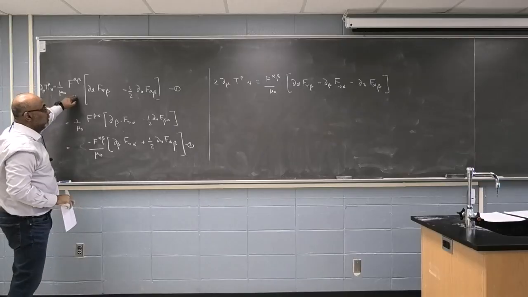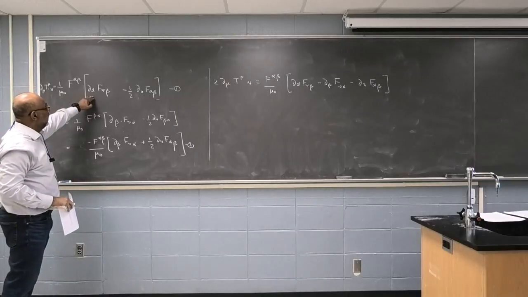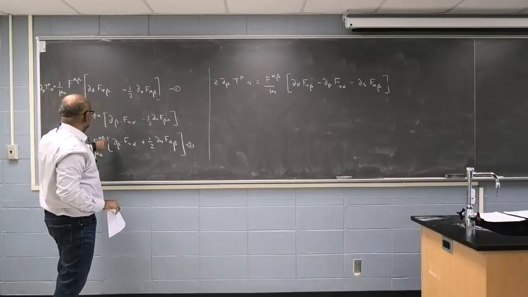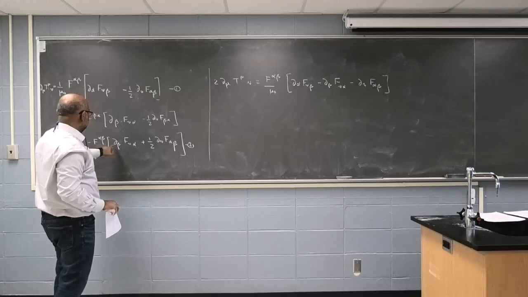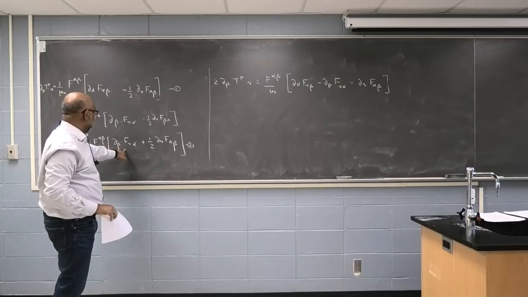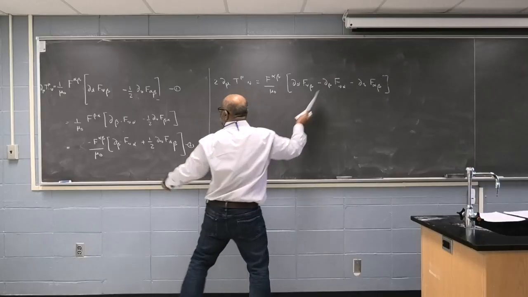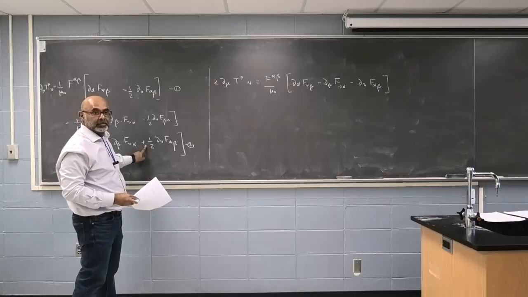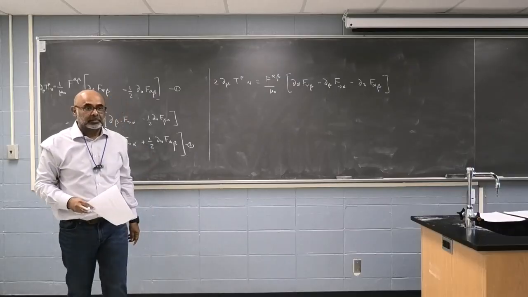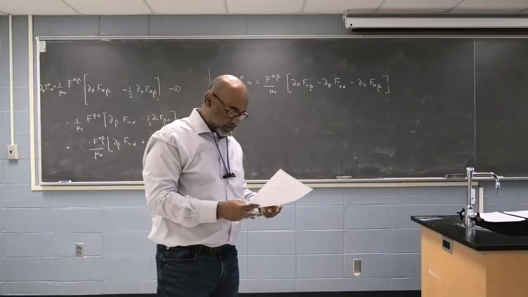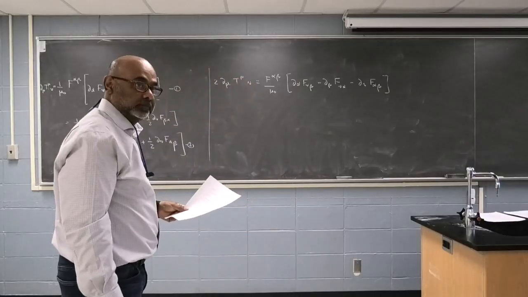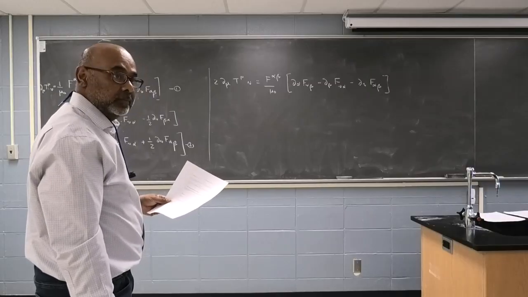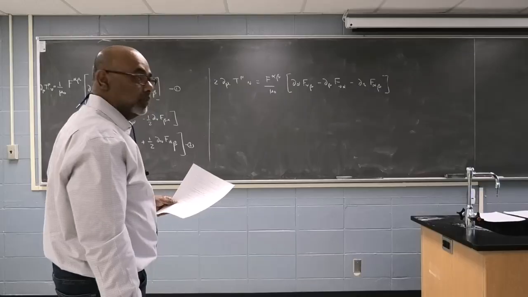So I added this, there's alpha nu beta, then there's this, but then I add that to this guy. So there's this minus that shows up over here, and these two are the same, but now because of this, they both have the minus sign. Are we good?